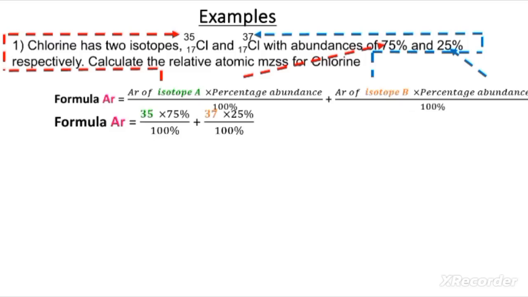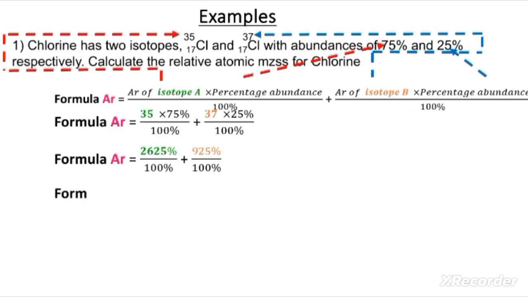So we all know where these values are coming from. So if we say 35 times 75, we are going to get 2,625. And 37 times 25, we are going to get 925 over 100.